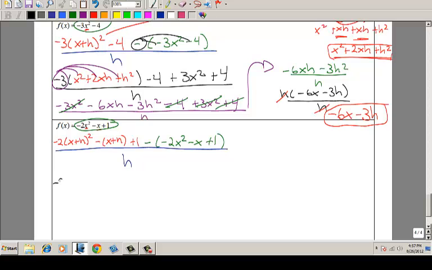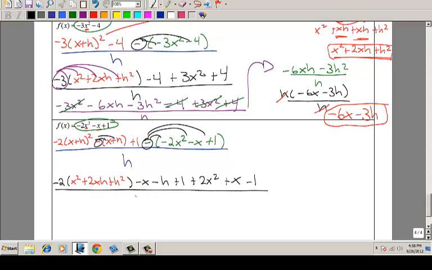So this is going to be now negative 2 times that x squared plus 2xh plus h squared. Okay, if I distribute this negative sign, I end up with minus x minus h, then my plus 1. If I distribute this negative sign, I end up with plus 2x squared plus x minus 1, still everything over h.